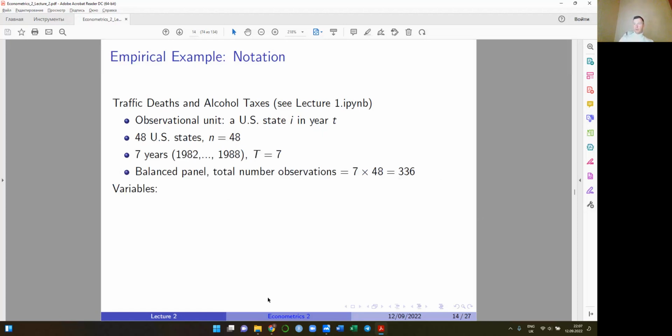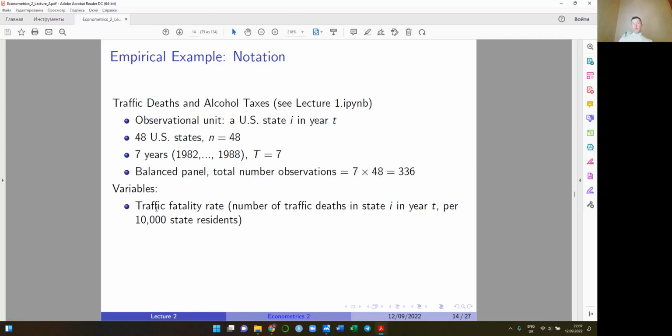And the variables that we are going to use to start with are, we collect the data on the traffic fatality rate, which is the number of traffic deaths in state i in year t per 10,000 state residents, and the tax on a case of beer. We measure this in constant 1988 dollars in state i in year t.